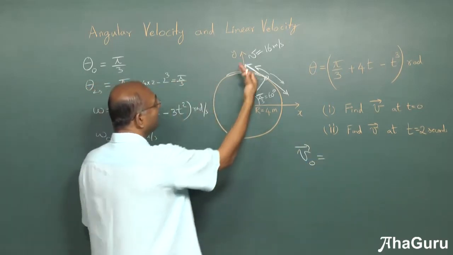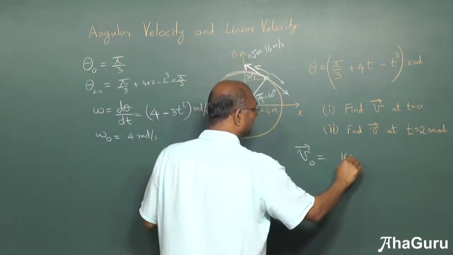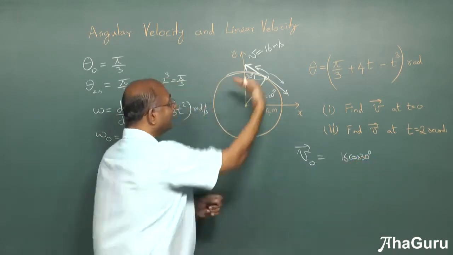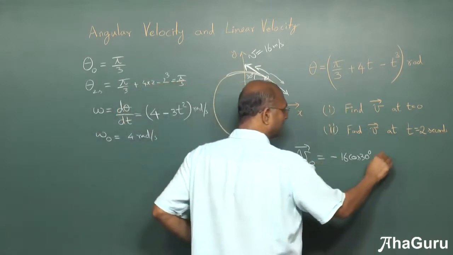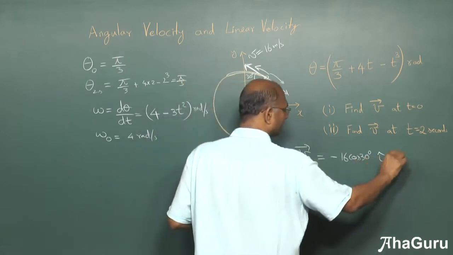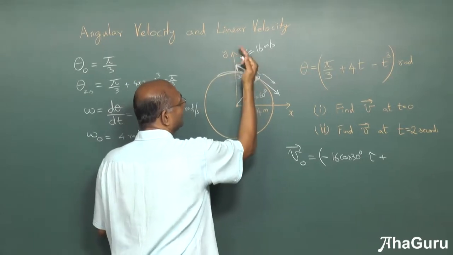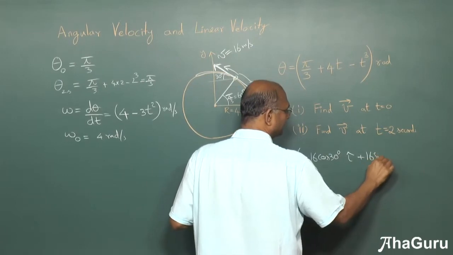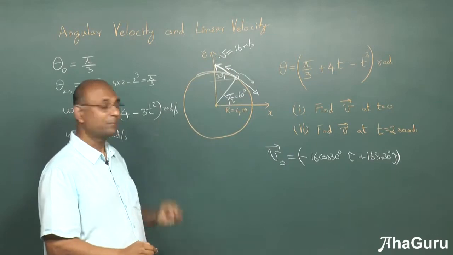What is the velocity? It has 16 cos 30 degrees this way, but it's pointing in the negative i cap direction, so I must put a minus and say i cap. Plus, is there a j cap? Yes, 16 sin 30 degrees, and that is in the upward direction, so it is plus j cap.